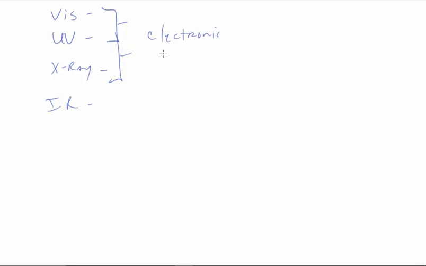We want to make sure that we understand the main ones we can run across here: we've got UV, we've got visible, right? And then we've got X-ray spectroscopy. We also have infrared spectroscopy. And we want to understand that these three are based on what we would call electronic motion.